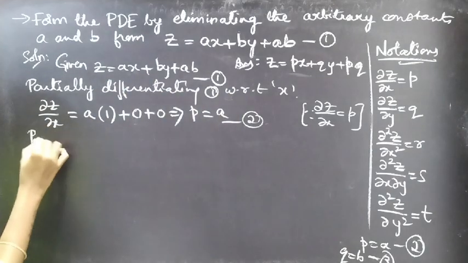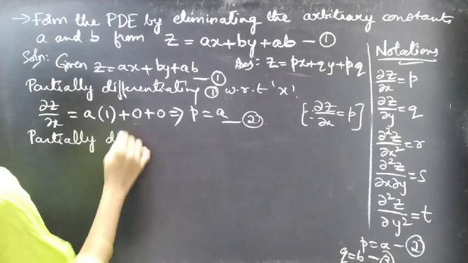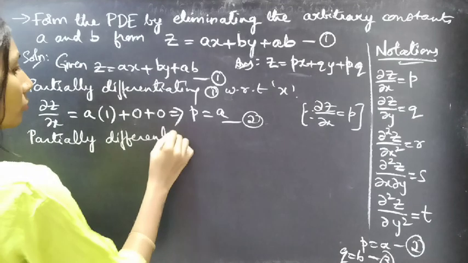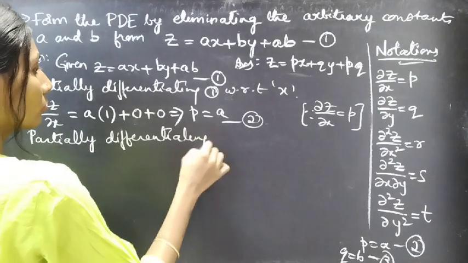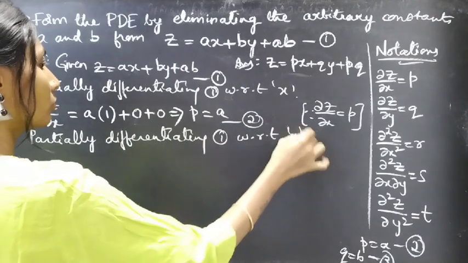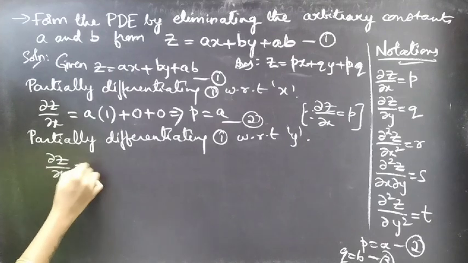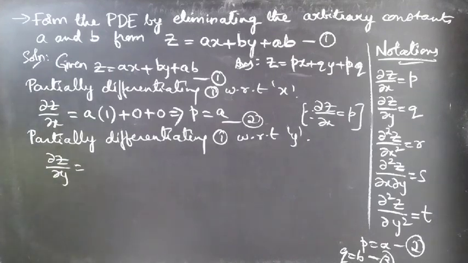Now partially differentiating 1 with respect to y, you'll get dou z by dou y. We are doing partial differentiation with respect to y, so we'll treat x as constant, and we know that z is a function of x and y, right?